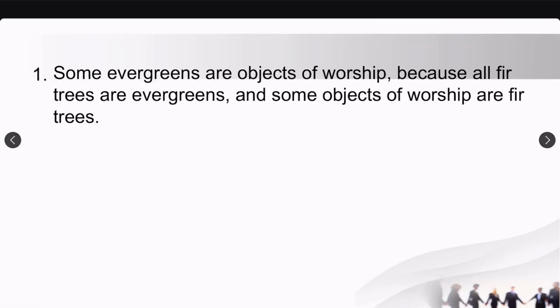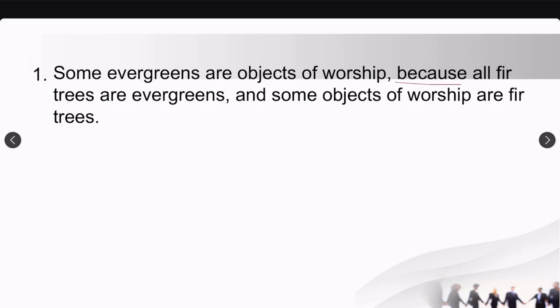Now let's move on to the next slide where we have the exercise. In the exercise, first we have: some evergreens are objects of worship because all fir trees are evergreens and some objects of worship are fir trees. In this particular case, what you have to do is arrange it into the standard form. For that you have to find the conclusion.